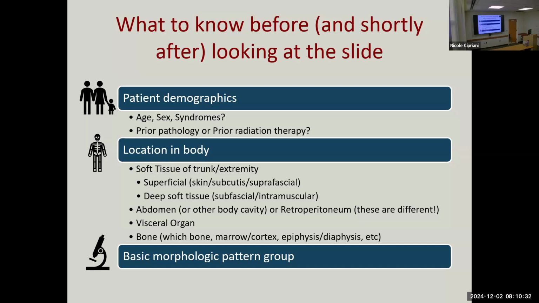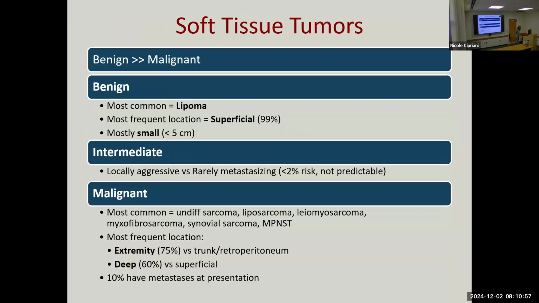Remember that your skull bones and flat bones are intramembranous and your long bones are endochondral, and those result in different pathology. Is it in the marrow or the cortex? Is it in the epiphysis, the metaphysis, the diaphysis? All those things sort differently, right? So these are things to think about when looking at a case. And then, of course, what is your basic morphologic pattern? And we'll get into that.